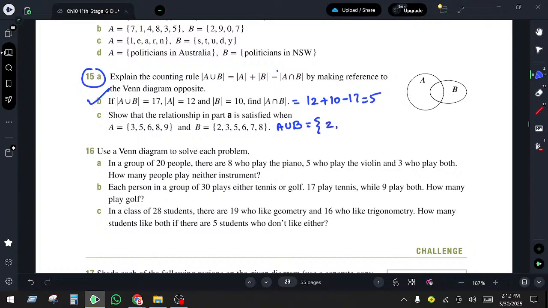What is the cardinality of A union B? 7. The cardinality of B is the number of elements, that is 6. The cardinality of A is 5. What is A intersection B?